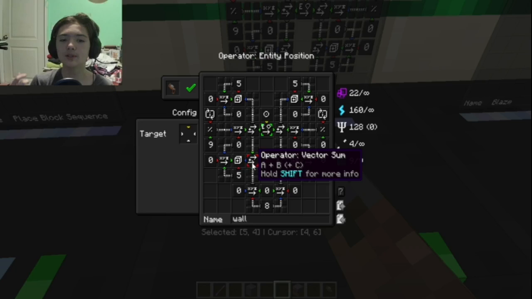So this one would be a 0 block. This is 0 blocks wide, 0 blocks long, but 5 blocks high. So this should create a single block pillar that's 5 blocks high.